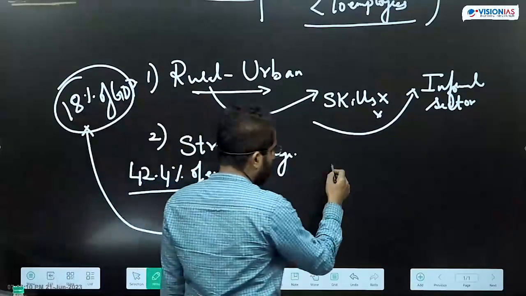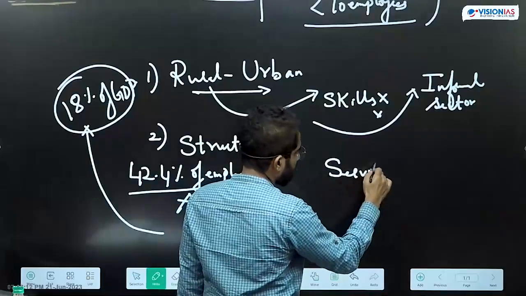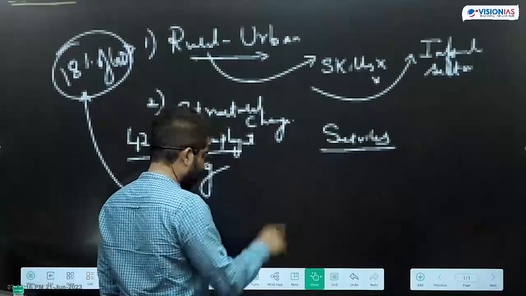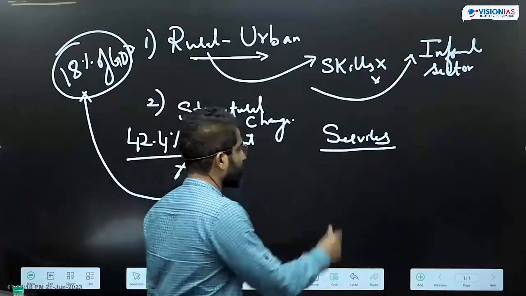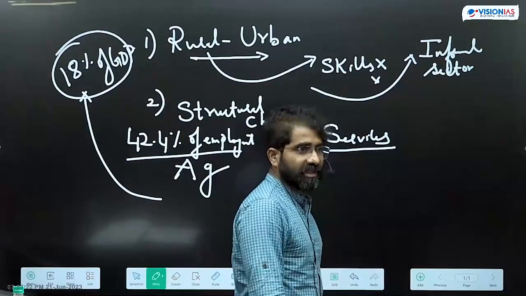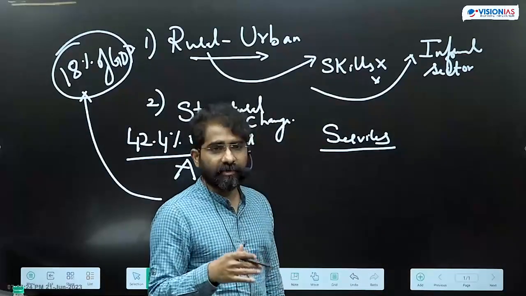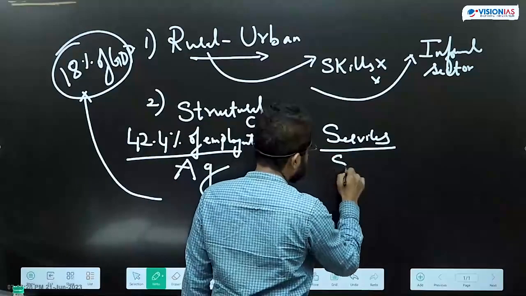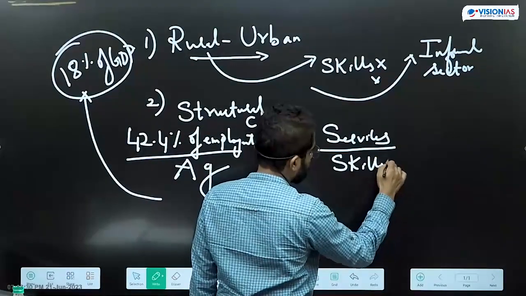And which sector is contributing mainly? The services sector. But if people have to join the services sector, two things should happen. The services sector should create adequate employment, number one. But the number of jobs created did not happen as expected. At the same time, the skills required for the services sector were not there.